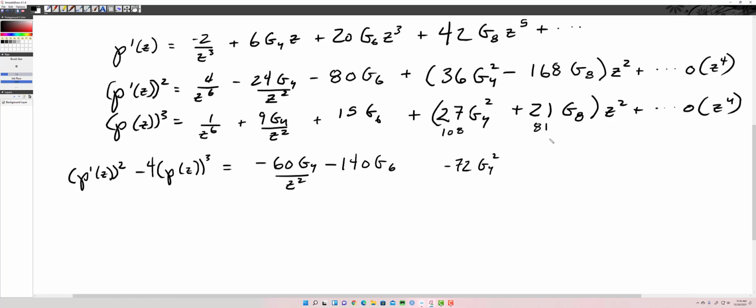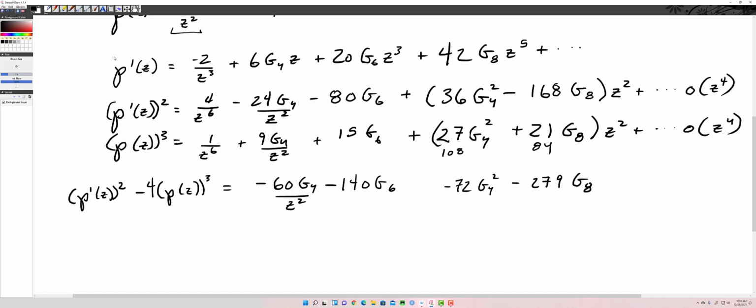That's going to be minus 279, is that right? Minus 279 g8. I feel like I'm making an error. Oh, yeah, that's because that's wrong. 4 times 21 is not 81, you dope. Okay, hang on here. I'm actually going to pause this for a second, just to make sure that I'm doing my math right.